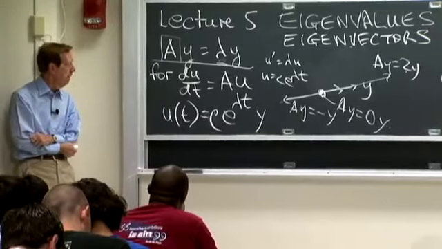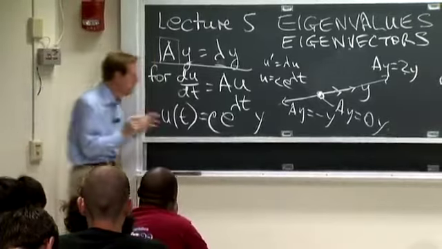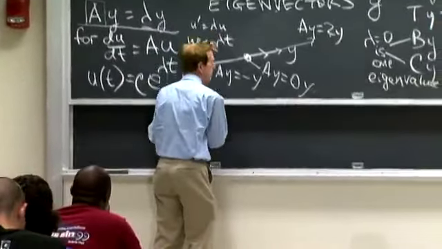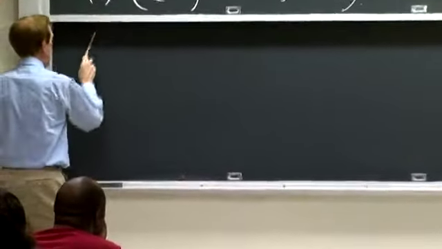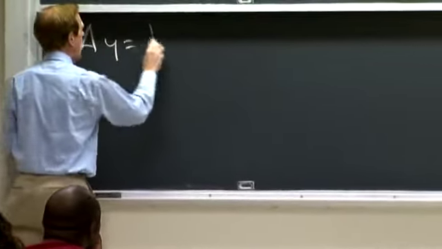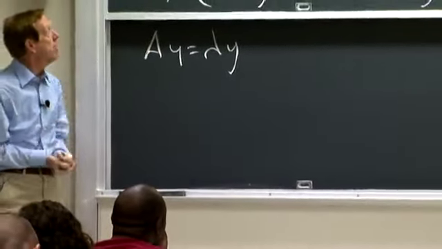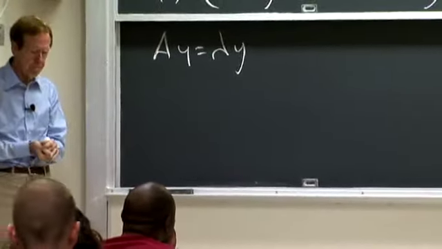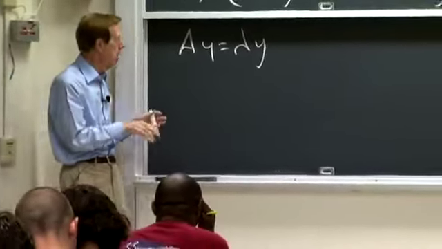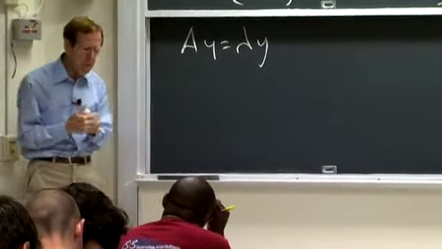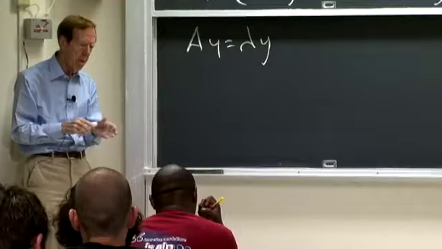Okay. Well, other uses. Let me write again the fundamental equation, A y equal lambda y. So that was a differential equation, going forward in time. Now, if we go forward in steps, we might multiply by A at every step.